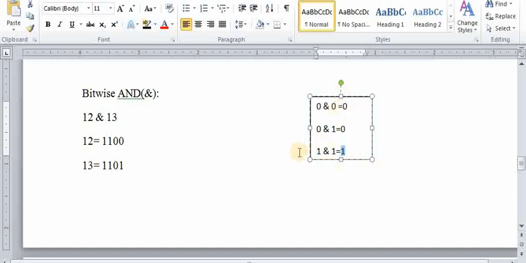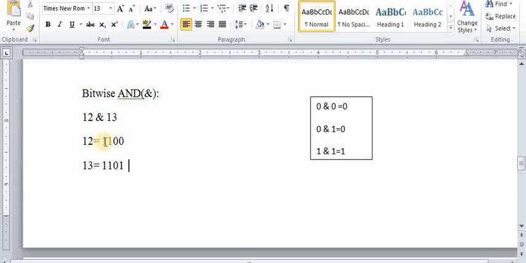Because the bitwise operator works bit by bit, it will check bit by bit. Now find out: 0 and 1, you can calculate from this side also. 1 and 1 will be 1, 1 and 1 will be 1, 0 and 0 will be 0, and 0 and 1 will be 0.